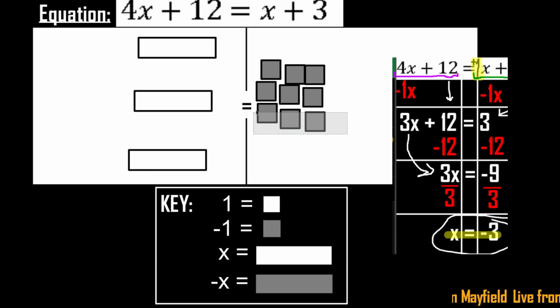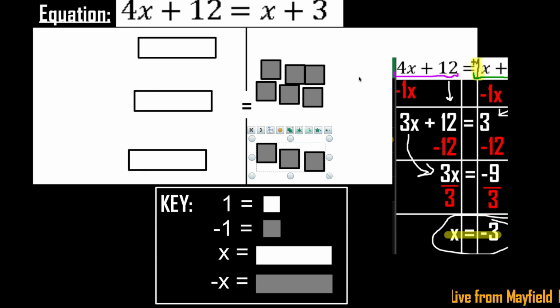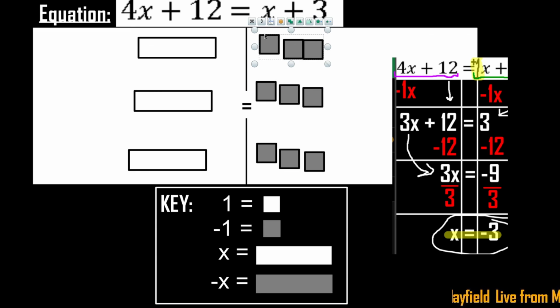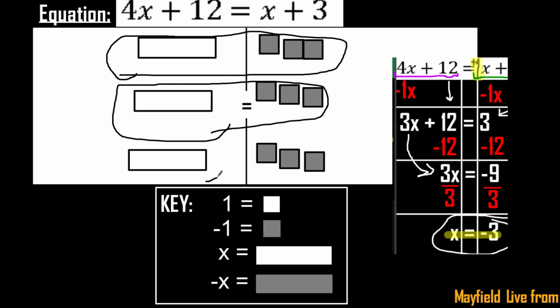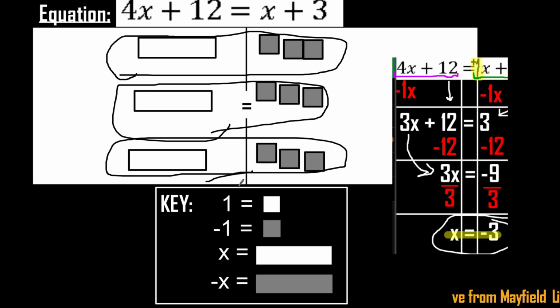You can also separate them like so, and then just circle your groups, meaning this. I have 1 group here, 1 group here, and 1 group here. Again, all we're saying is I have 1, 2, 3 equal groups of negative 3, and so that's why x equals negative 3.